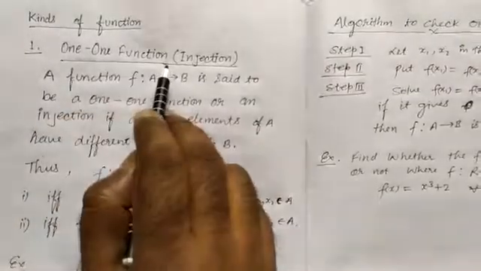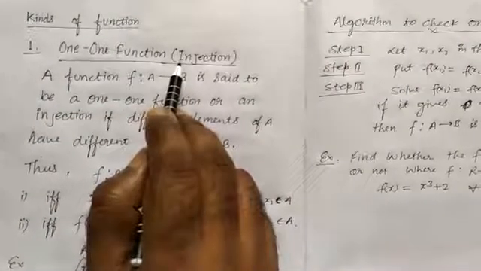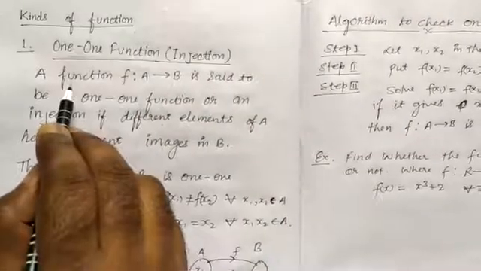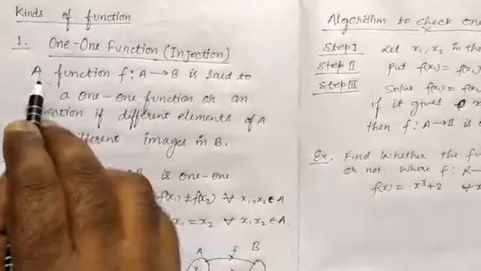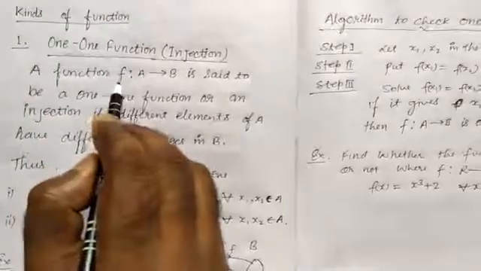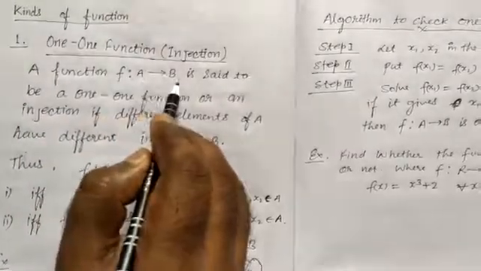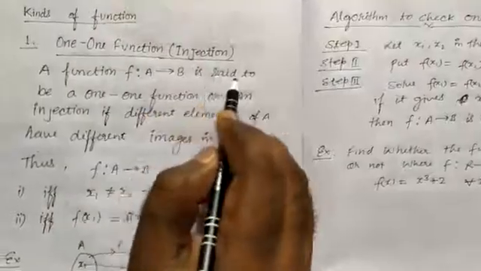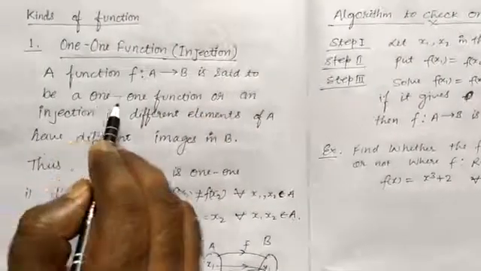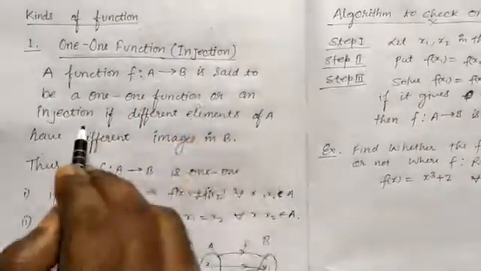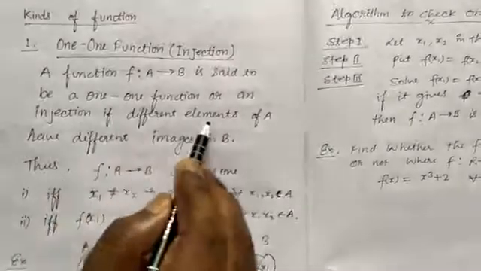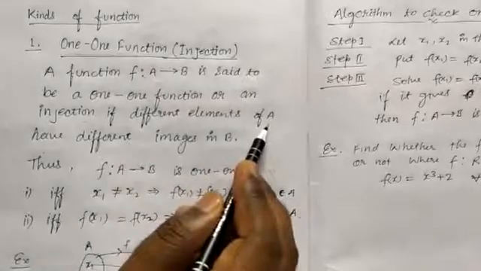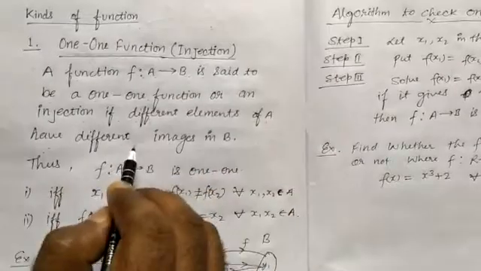The definition is: a function f that maps from A to B is said to be a one-one function or an injection if different elements of set A have different images in B.